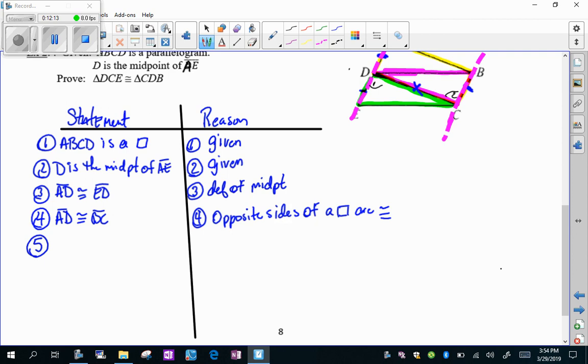So ED now is congruent to BC. And that's substitution.